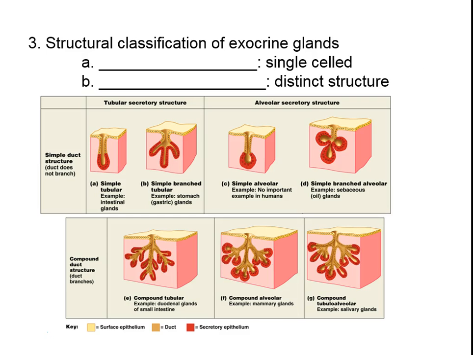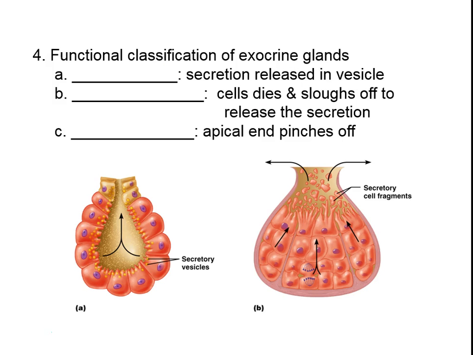So your book has a lot of classifications of exocrine glands. I'm not going to be that particular. I want you to know that you can have a unicellular exocrine gland. That would be like that goblet cell, that one cell that makes mucus and releases it onto a surface. Or you can have multicellular, where you have a distinct structure like the pancreas.